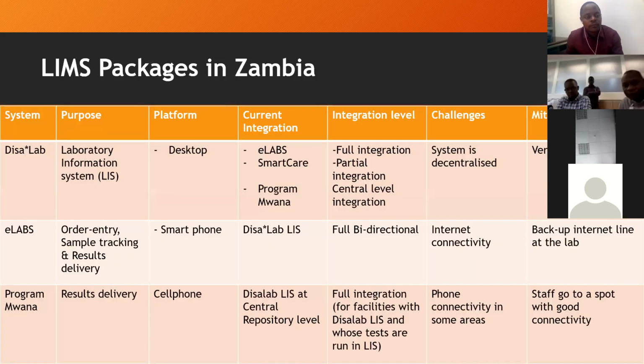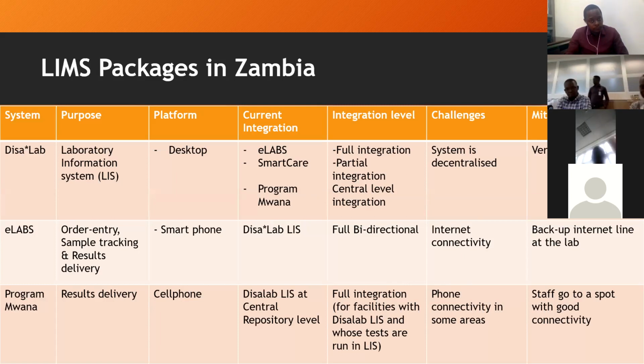Next slide, please. So we have quite a number of LIMS packages in Zambia. That includes the DISA Lab, eLABS, Program Mana, DISA Link, as well as Smart Care. So the most used LIMS package in Zambia is the DISA Lab, which is used in most PCR labs in Zambia, which is on a desktop platform, and it's currently integrated into eLABS, Smart Care, and Program Mana on a full level integration.